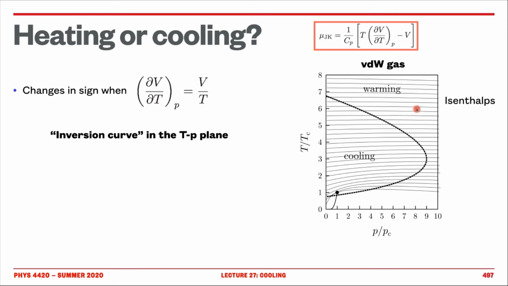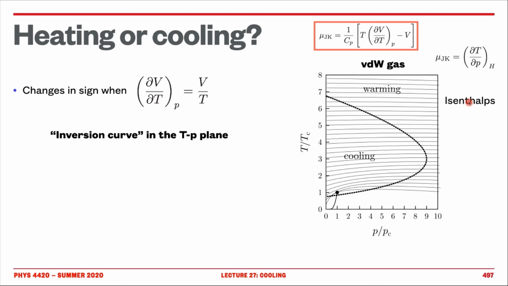First of all, let's try to remember the definition of the Joule-Kelvin expansion coefficient. This is the change in temperature when we change the pressure. Remember, we had the pressure on the left, pressure on the right, and this is exactly what we are doing. We're trying to understand how the temperature changes when we make a gas go from a high pressure to a low pressure at constant enthalpy.